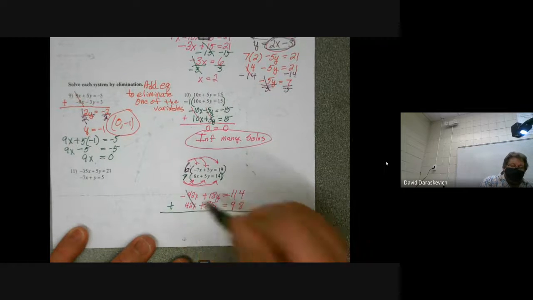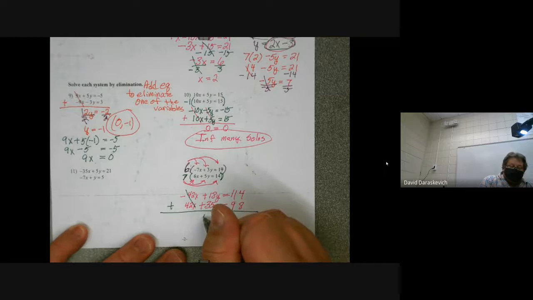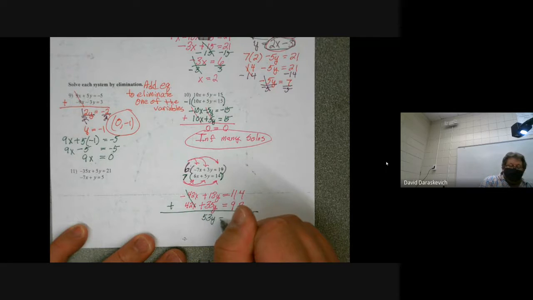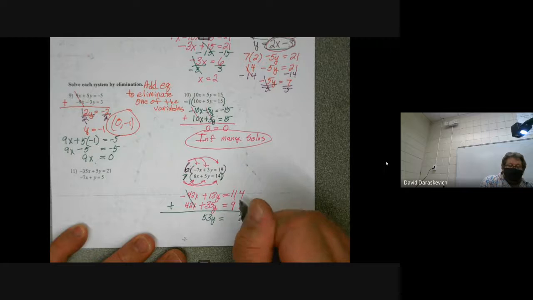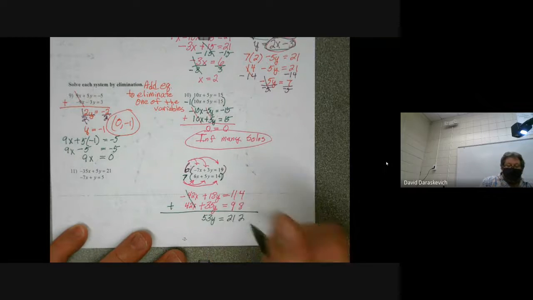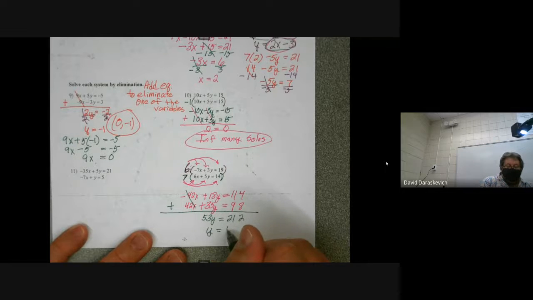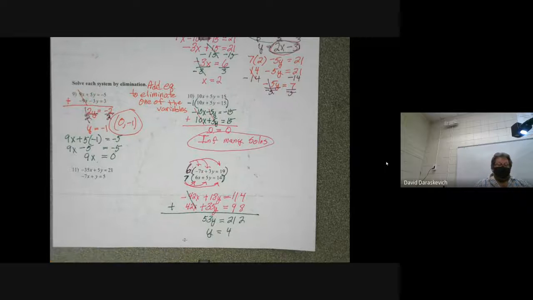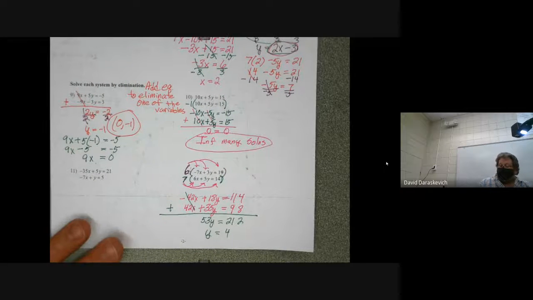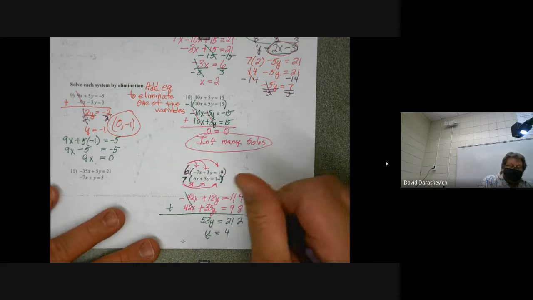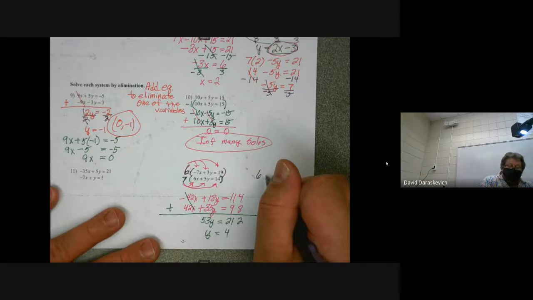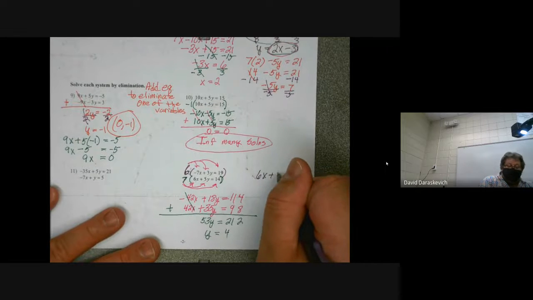These eliminate. I get 53y equals 212. And I'm assuming that's going to divide equally by 53. Yep, 4. Pick one. I'm going to pick the bottom. 6x plus 5.